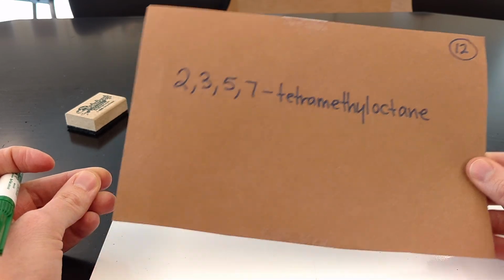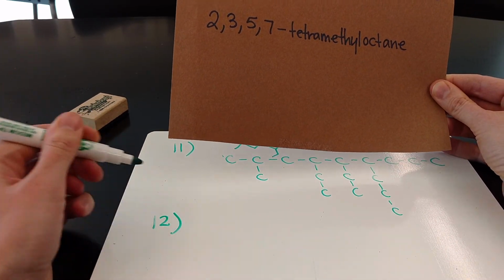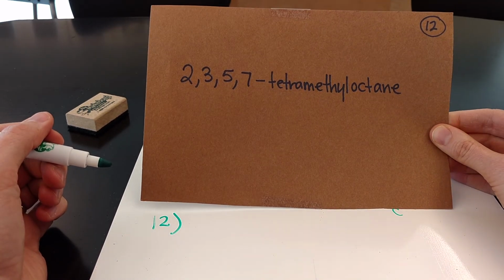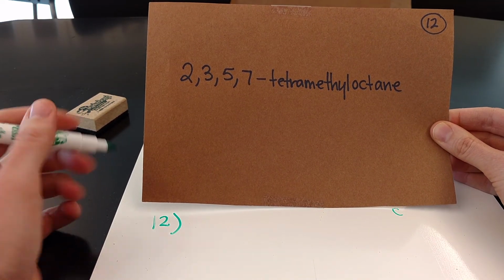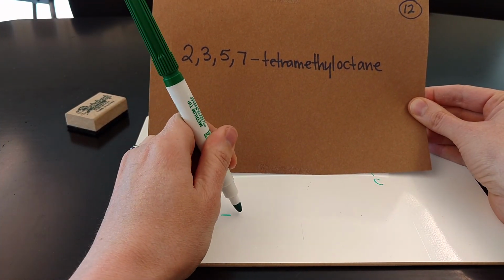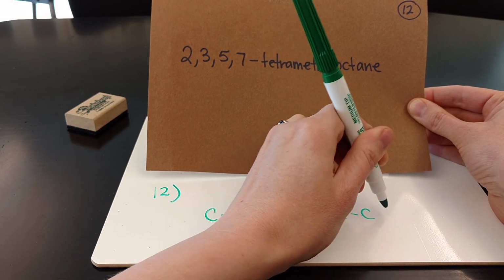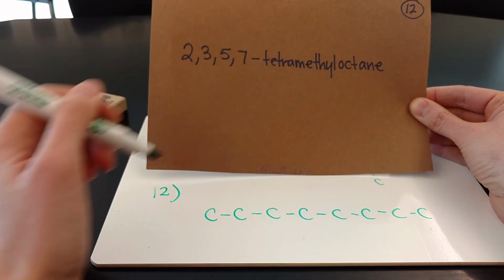All right, this one, my parent chain is octane. So the very end of that name is your parent chain, okay? So octane, 8 carbons. Okay?